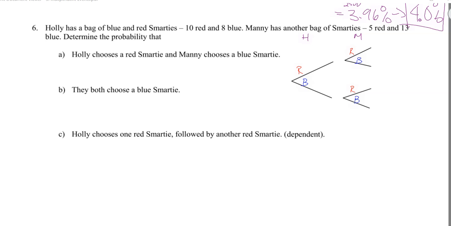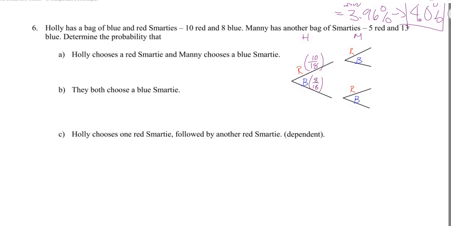All right, so Holly chooses a red. There are 10 reds out of 18. Holly chooses a blue. This has to add up to 1, so there are 8 blues out of the 18.